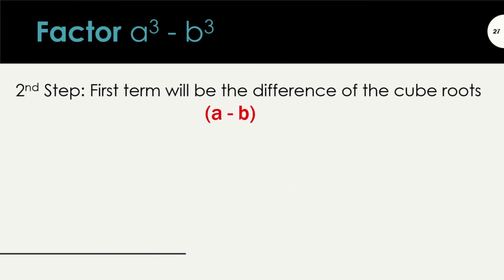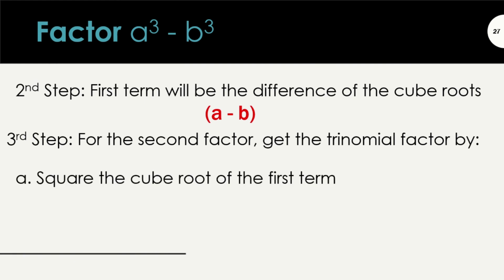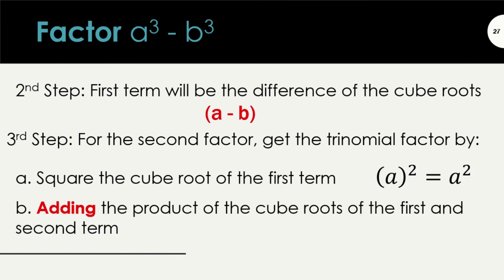And then for our third step, for the second factor, we will get the trinomial by getting the square of the cube root of the first term. So we have a, square natin, so we have a squared. And next natin, for letter B, we will be adding the product of the cube roots of the first and the second term.